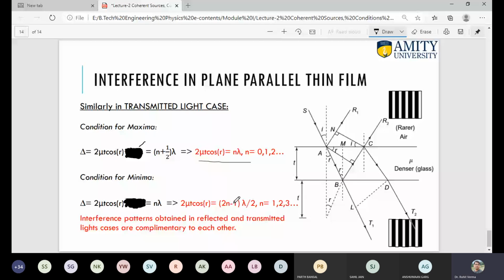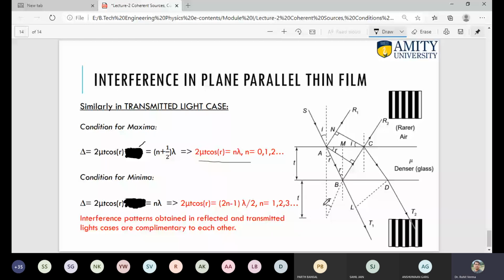So don't get confused, because both give an odd multiple of lambda by 2. In the case of 2n minus 1, n varies from 1 to infinity, and in the case of 2n plus 1, n varies from 0 to infinity.